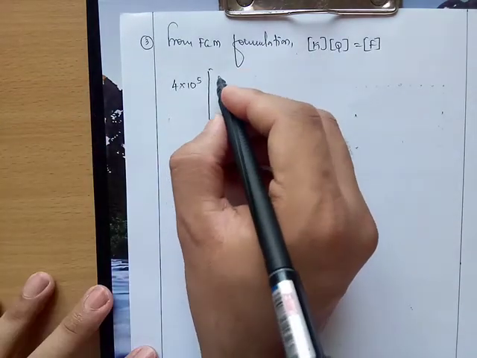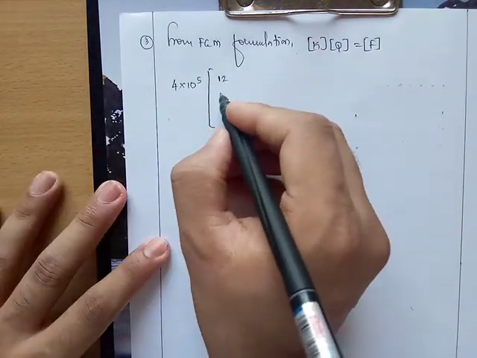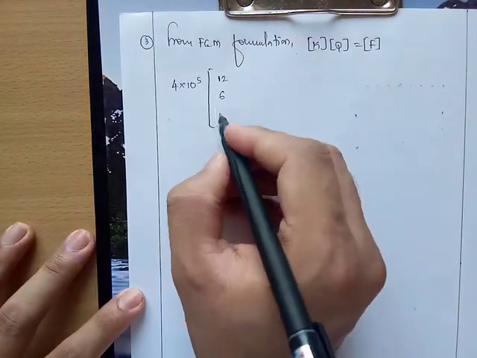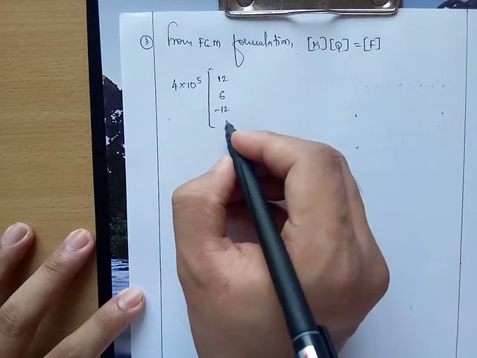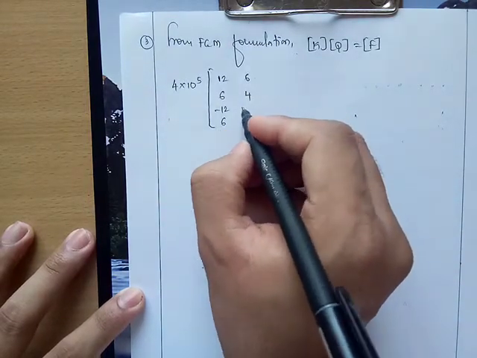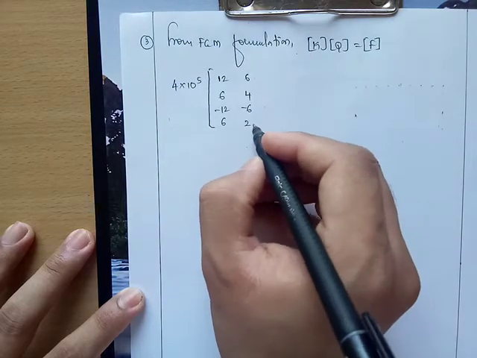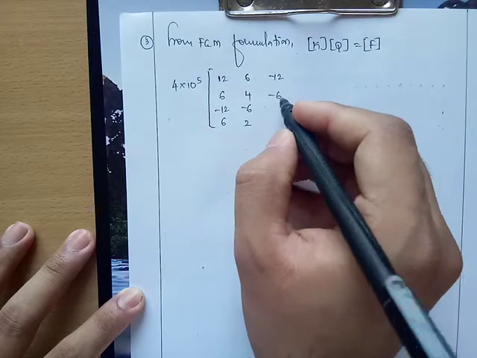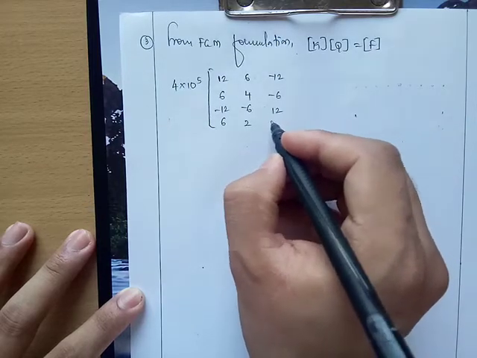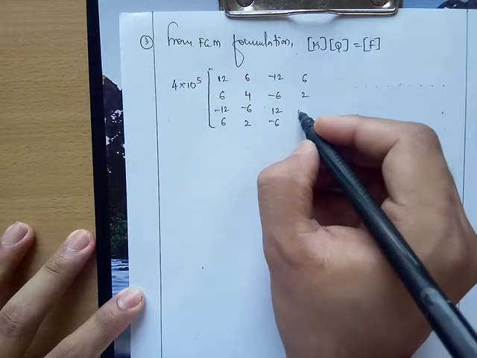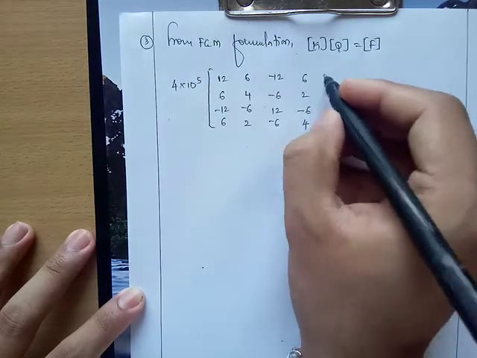And the values are 12, 6, minus 12, 6, 6, 4, minus 6, 2, minus 12, minus 6, 12, and minus 6, 6, 2, minus 6, and 4.